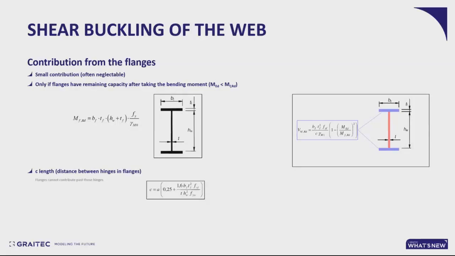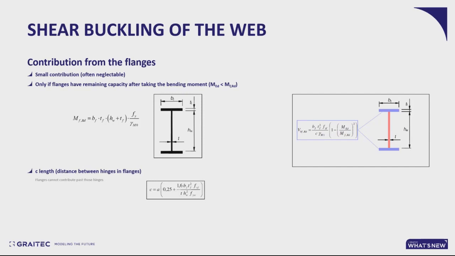That was for the contribution from the web, but there is also a contribution from the flanges. But it's usually so small that it's negligible. So, first of all, the flanges can only contribute if they have some capacity left after taking the bending moment. That's why Advanced Design will compare the design bending moment with the resisting moment of the flanges alone.